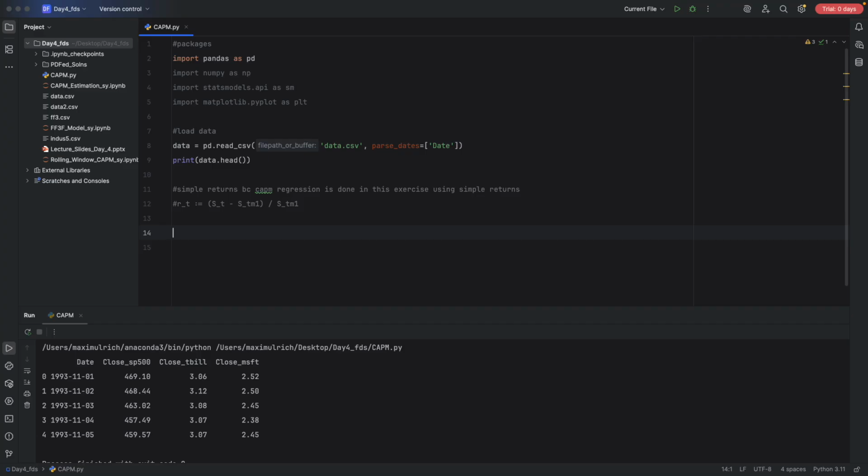And we need to do that for the S&P 500 and for Microsoft. And then we run this CAPM regression on Microsoft versus the market. So I work with the same data frame up here. And also nice in Python, I simply make these quotation marks, and then I add a name to the column. And I try to stay close to the mathematical notation.